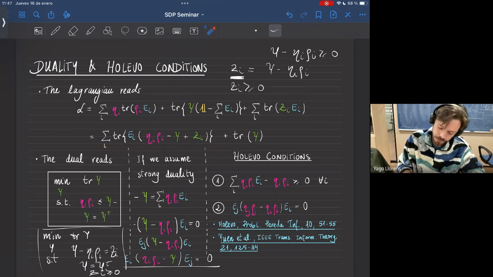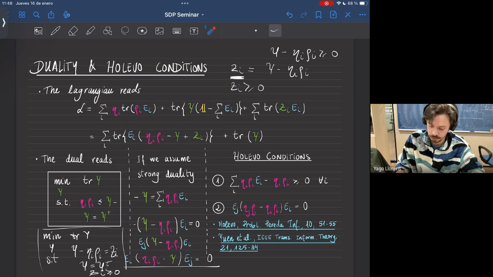And now, if this sum of traces is equal to 0, each of the traces has to be equal to 0. Why? Because all of these terms are positive, and the trace of two positive matrices is positive.